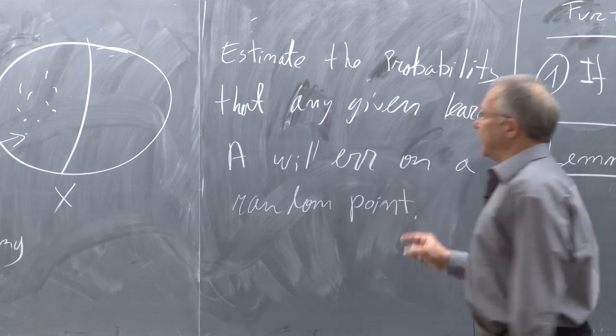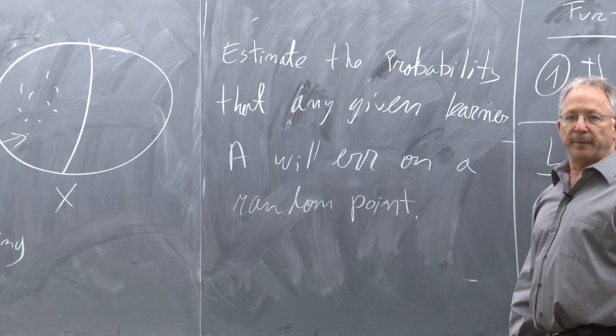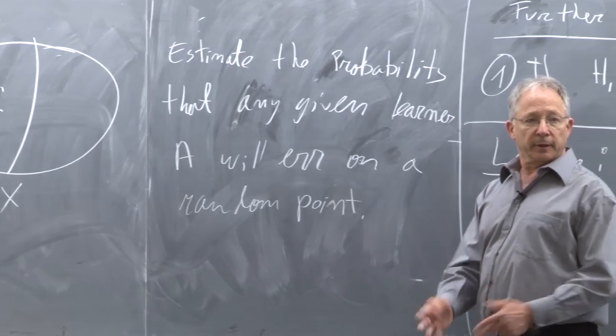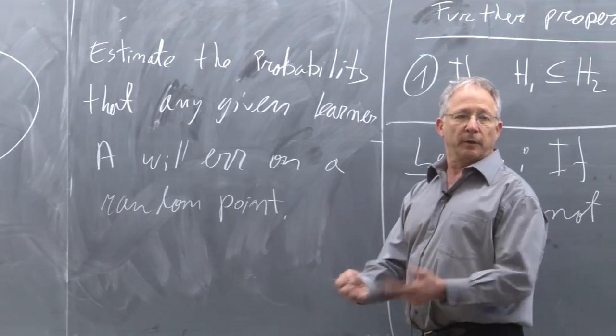That's what A has to guarantee. It's an algorithm that no matter what the probability, it will not err on a random point.